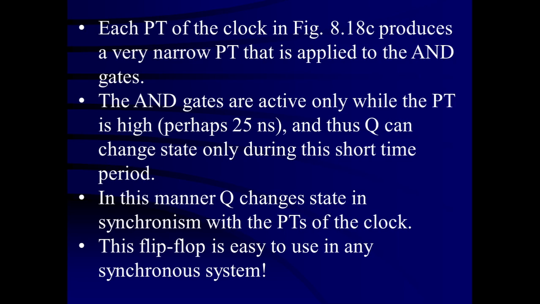In this manner, Q changes the state in synchronism with the positive transition of the clock. This flip-flop is easy to use in any synchronous system, in a digital system or any computer system, etc.